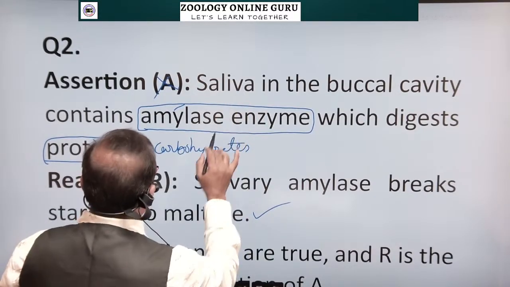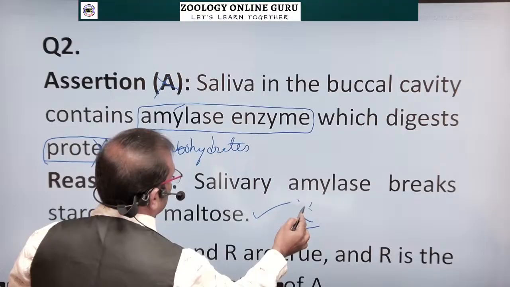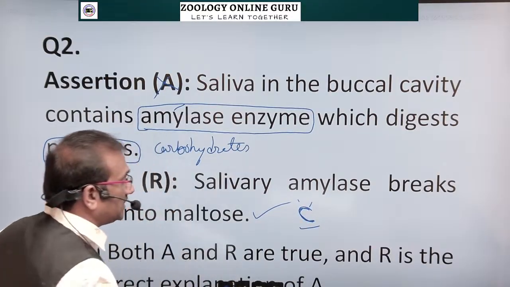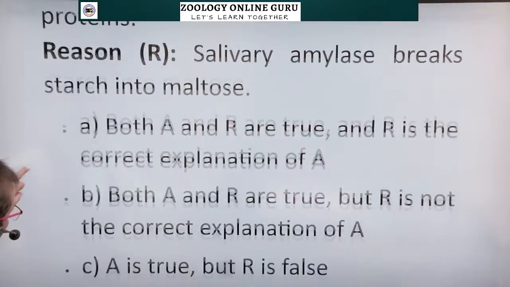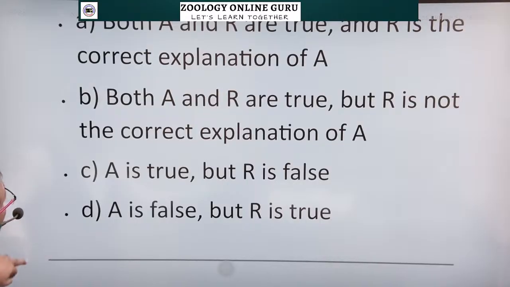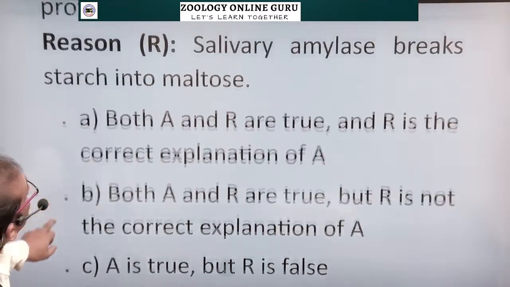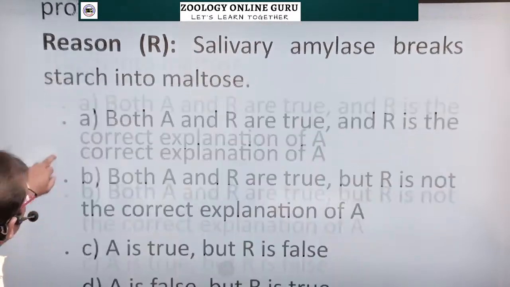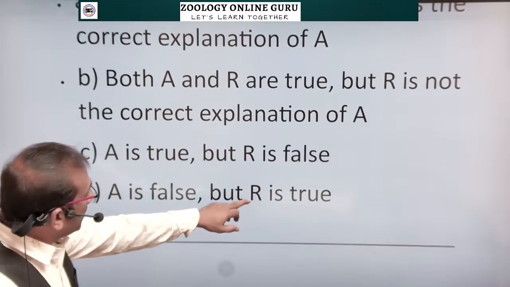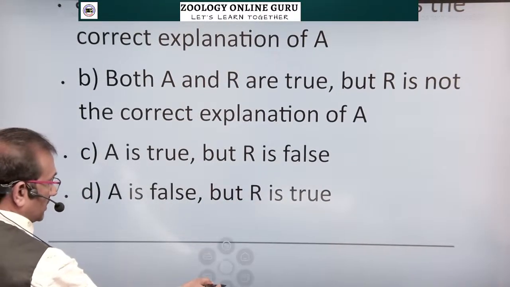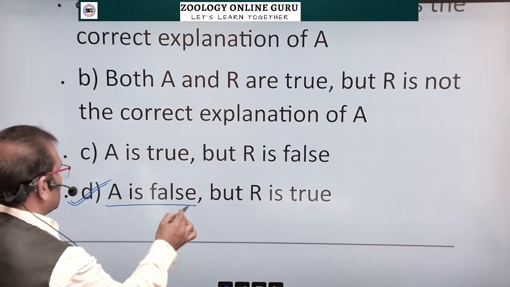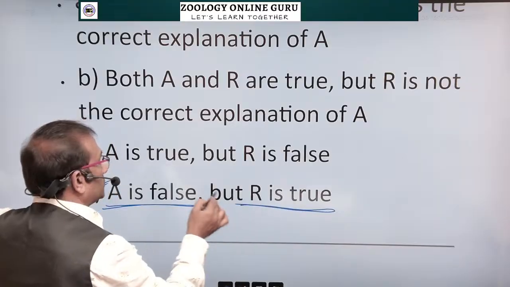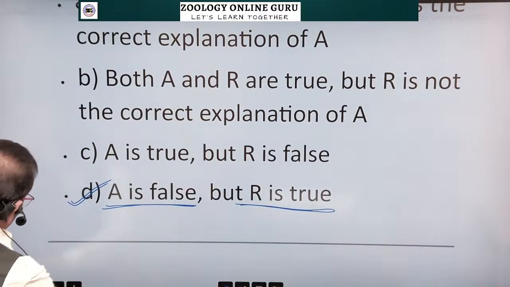So A is false and R is true, which is option D.